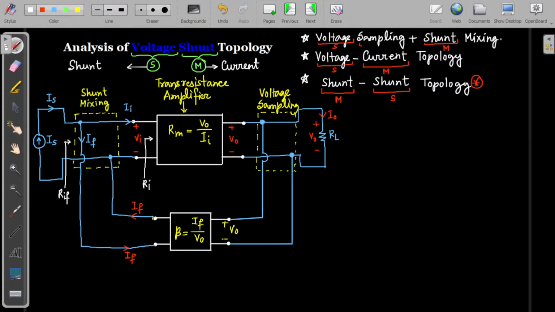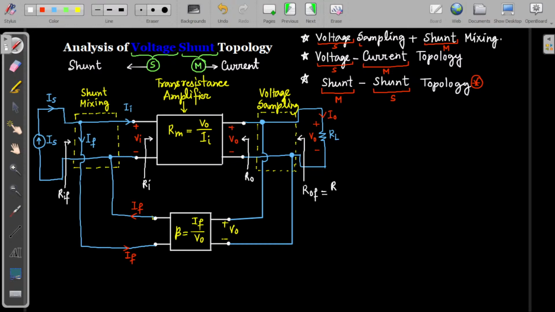Similarly, if the output impedance is found at this point, it will be the output impedance of the basic amplifier, and if we find the output impedance at this point, this is R0F.